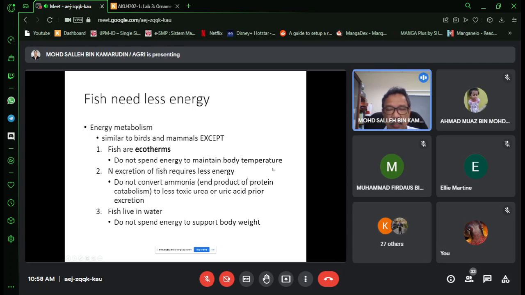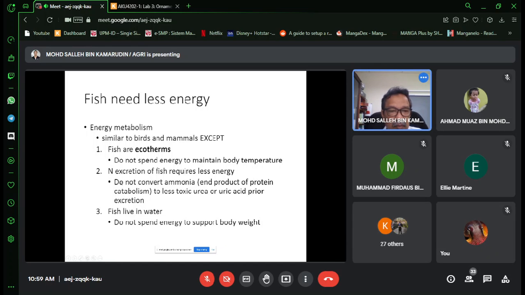Dia boleh ikut dengan adapt dengan water temperature yang dia ada. Kalau ada animal, dia still kena maintain temperature dia macam manusia juga, around 37 lah degrees, 36-37 degrees Celsius.